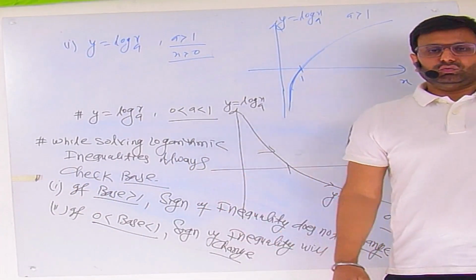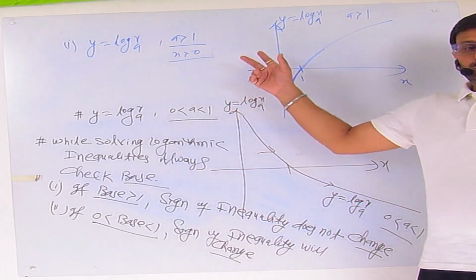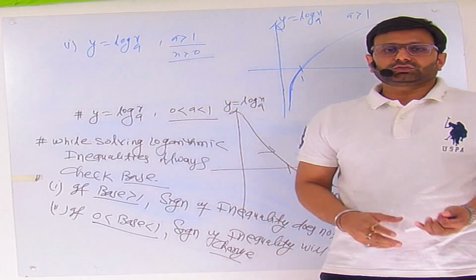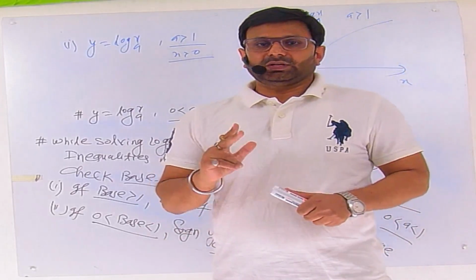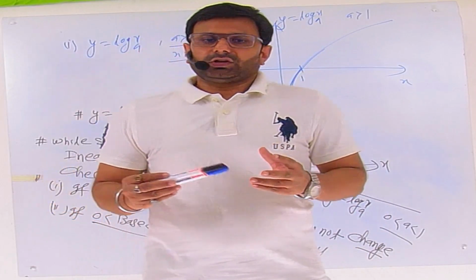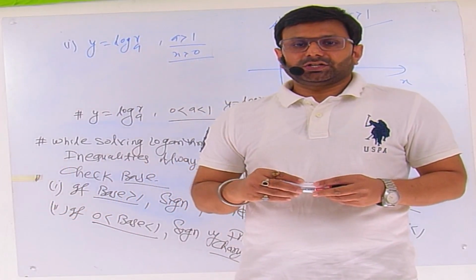This is the conclusion I want to teach you with the help of these two observations. While solving logarithmic inequality, always check base. If base is greater than 1, sign of inequality does not change. If base is less than 1, sign of inequality changes.